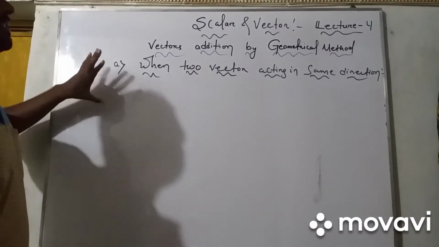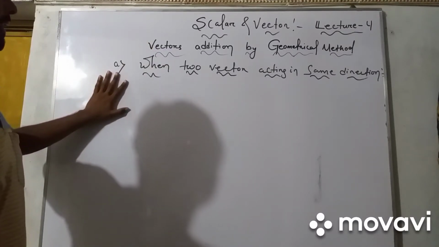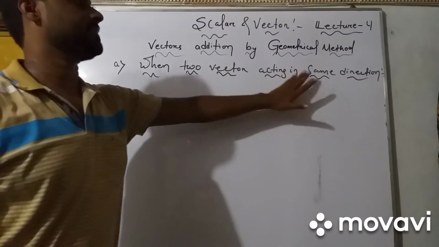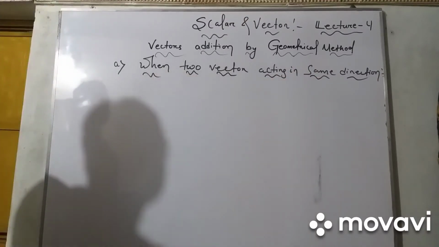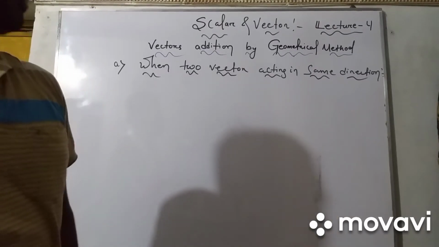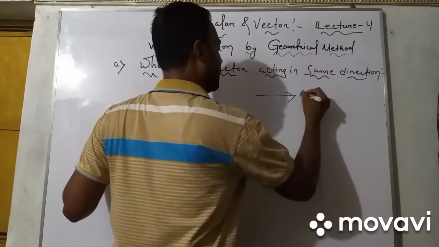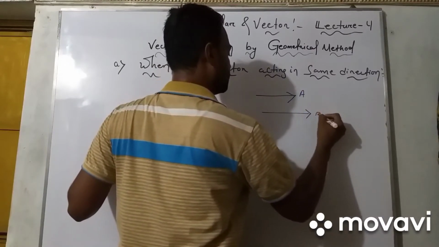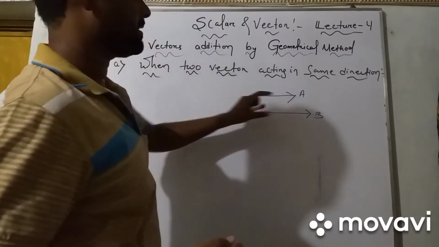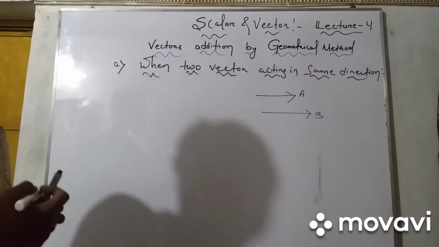So vector addition by geometrical method. First we will see the first property, when two vectors are acting in the same direction. Suppose this is vector A and this is vector B. Both are represented in the same direction.